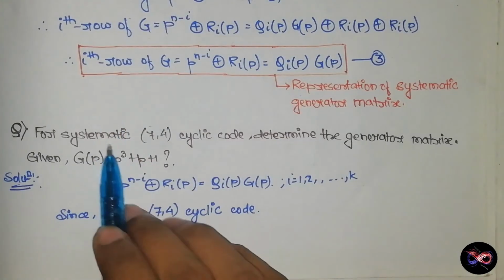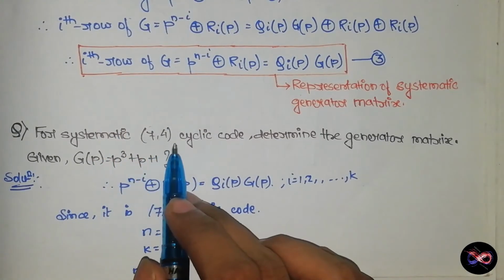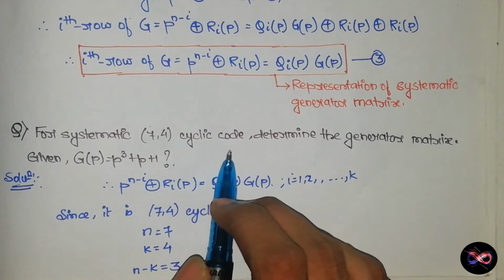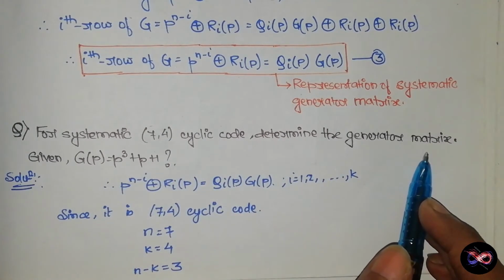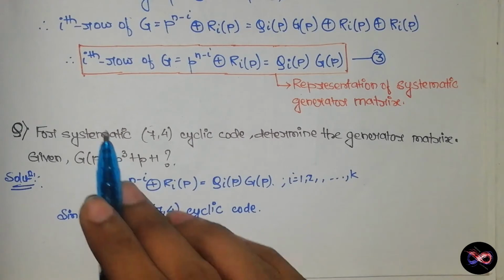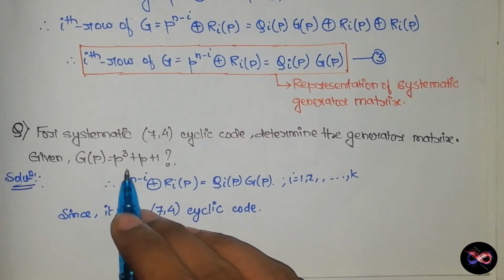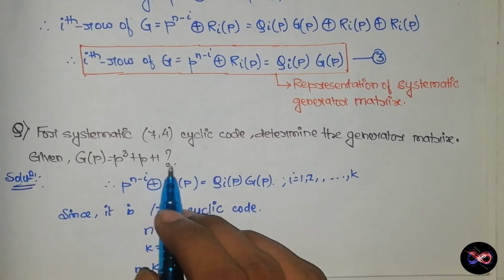So here the question says that we are taking a (7,4) cyclic code and we are required to determine the generator matrix, and we will also determine the parity check matrix, as it will be easy after the generation of the generator matrix. And it is given that the generator polynomial is equal to p^3 plus p plus 1.